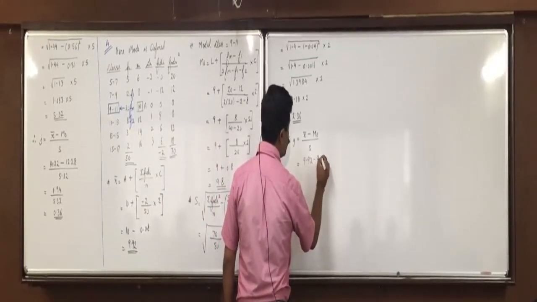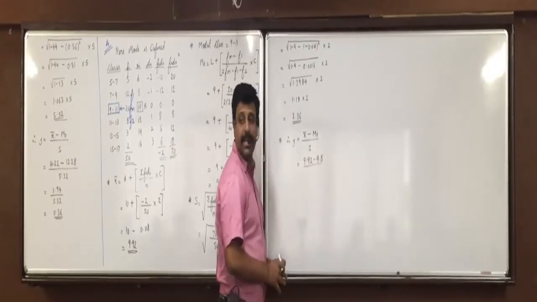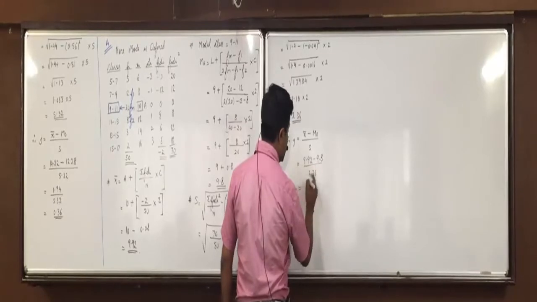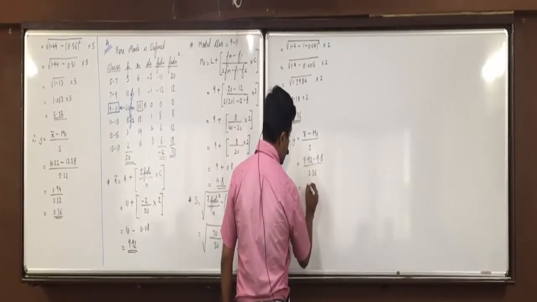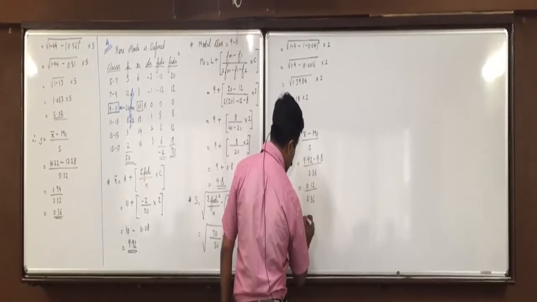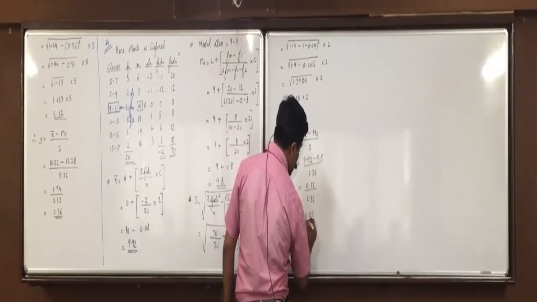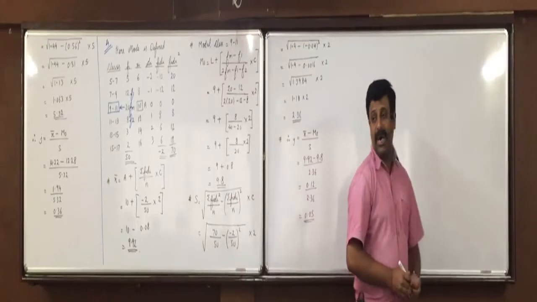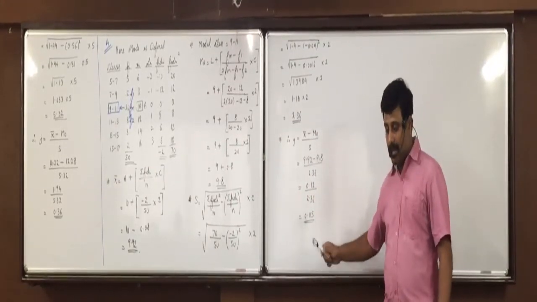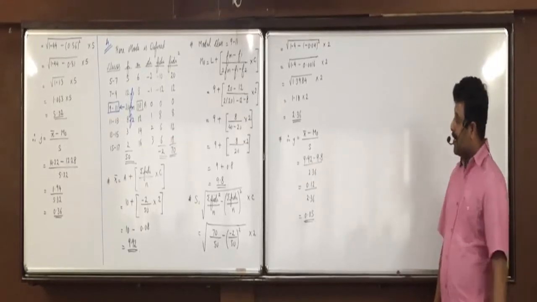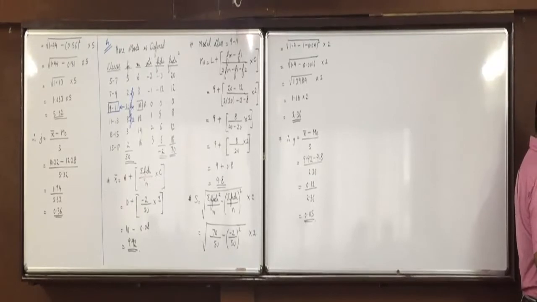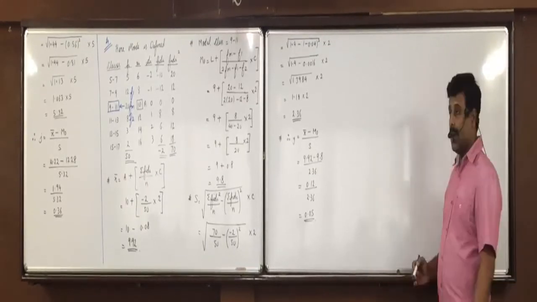So 9.92 minus 9.8, 0.12 upon 2.36, 0.05, near to 0. So here we'll also write it is near to symmetry. Thus the skewness is positive and the distribution is near to symmetry. Understood this everyone?